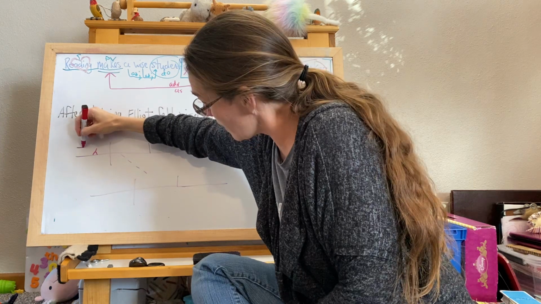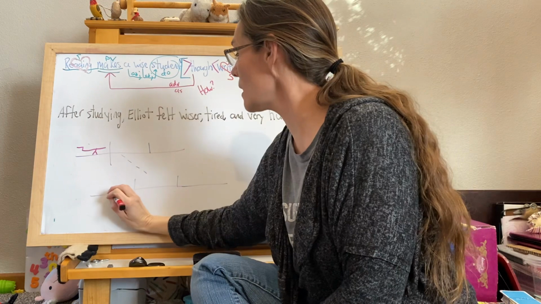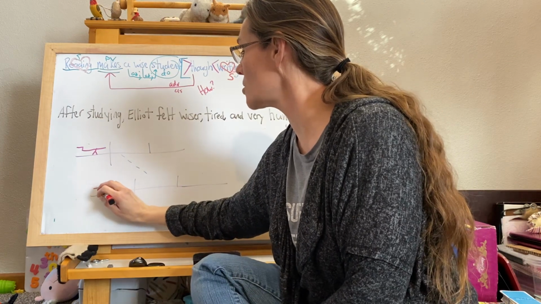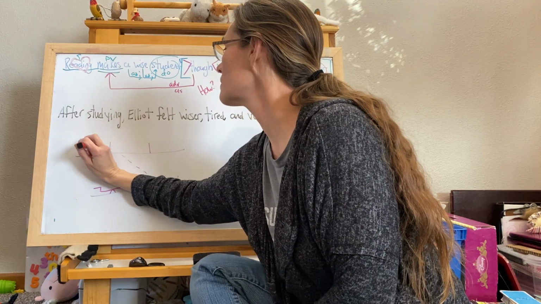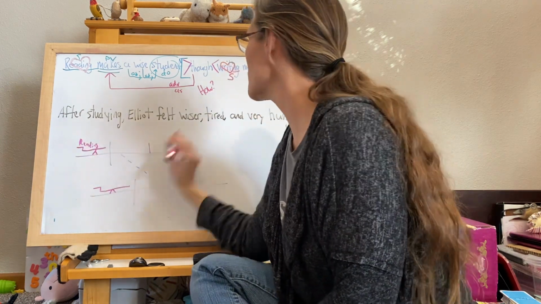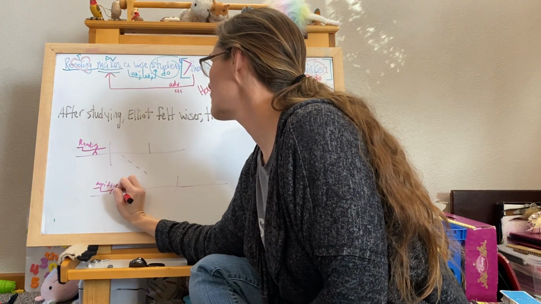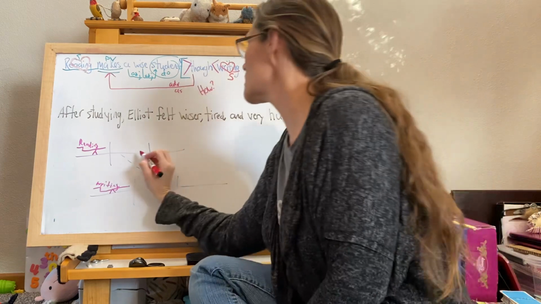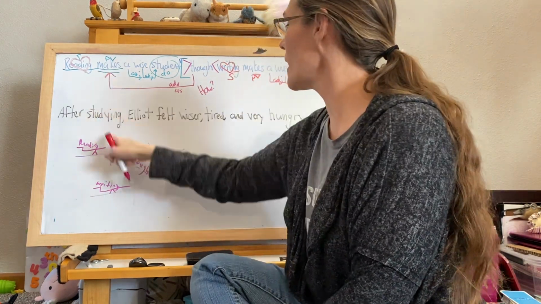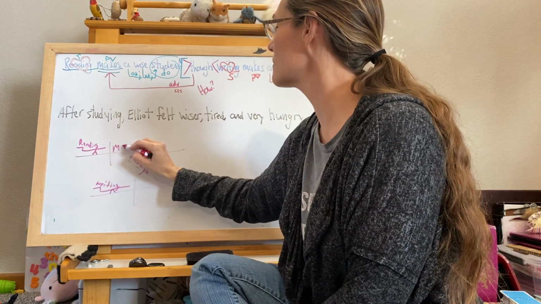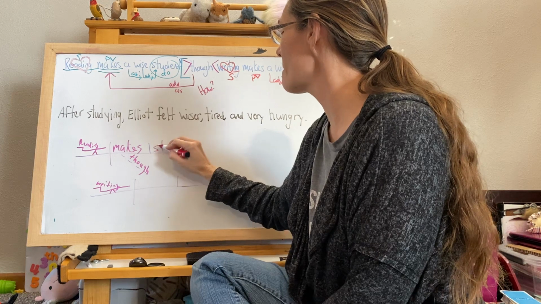I don't know why I can't get this straight in my head. There we go. We're going to have a gerund there, and we're also going to have a gerund here. This one is reading, and this one is writing. Okay, our clause is though. Now I have reading makes what?